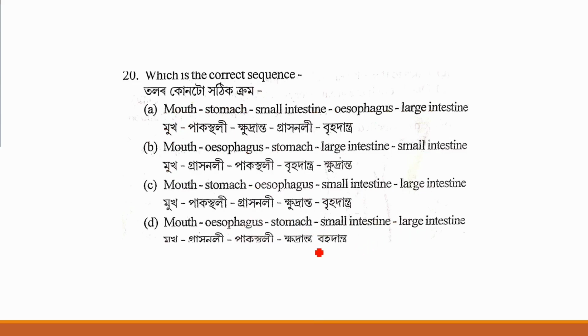We all know that first of all the mouth comes, then the oesophagus, then the stomach, then the small intestine, then the large intestine. The first three options are not the correct answer.